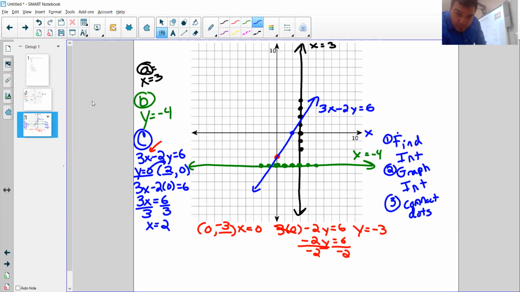It's just 2, 0. So 2, 0 is the blue dot right here, I'll recolor it. The 0, -3 is this red dot over here. And all I did, Mariah, after I got 2 dots, is just connect the dots. That's all. And went a little past it to show it's a line.